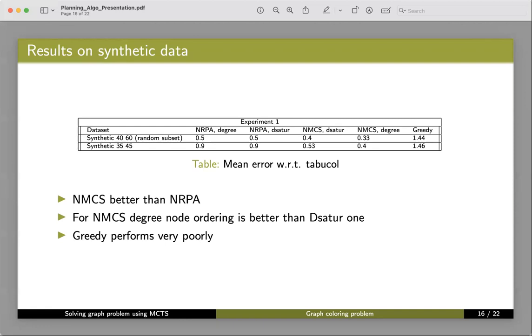But NRPA works a lot worse for the smaller dataset with 35 to 45 vertices. And greedy is the worst. NMCS is actually better than NRPA. And for NMCS, you can see that ordering nodes by degree is better than the minimal available colors ordering. And yeah, it really performs very poorly.